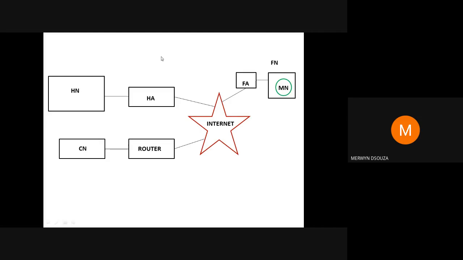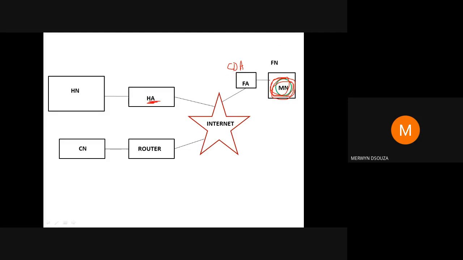Okay, so once any one of these two methods is applied, the MN gets a temporary address, the COA, which tells the current location of the MN. So once the MN gets the COA, it informs the home agent about this COA. Okay, so it has to register.